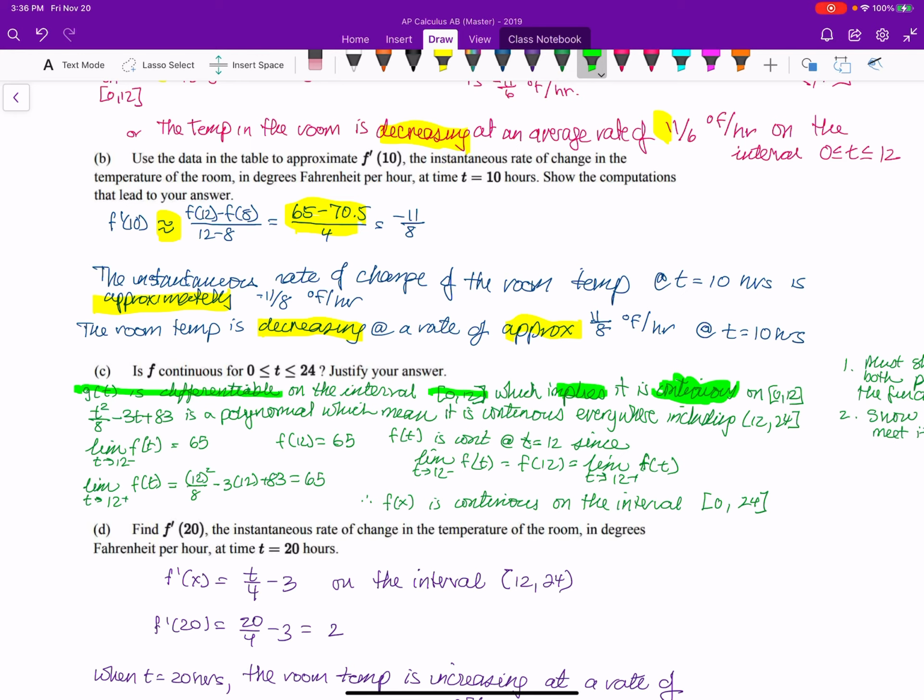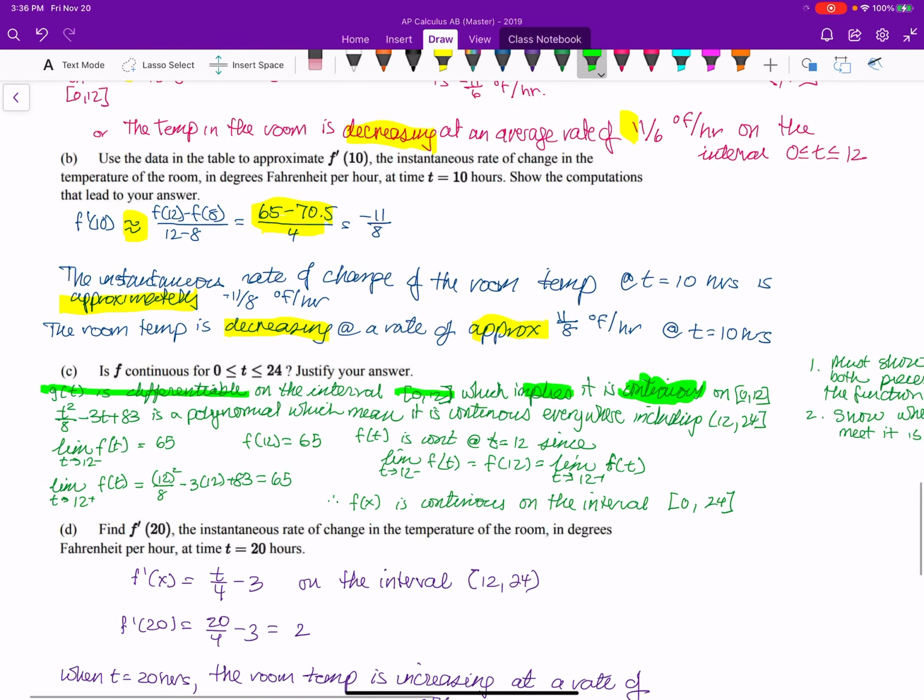And that's how you do the left limit, the right-hand limit at 12, and the value. You have to have all of those 3 things and then show that the limit from the left is equal to the value at 12 and the limit from the right, that all are equal. And therefore now I have all of the pieces, the 2 pieces themselves and where they meet, that tell me it's continuous.